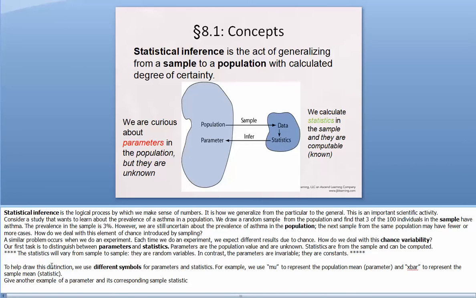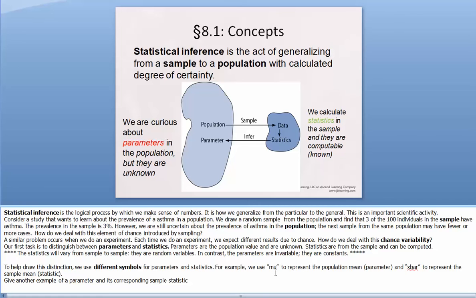To help draw this distinction, we use different symbols for parameters and statistics. For example, we use mu to represent the population mean, which is a parameter, and x bar to represent the sample mean, which is a statistic. Now, most of the time, population parameters are denoted by Greek letters. Mu is a Greek letter.